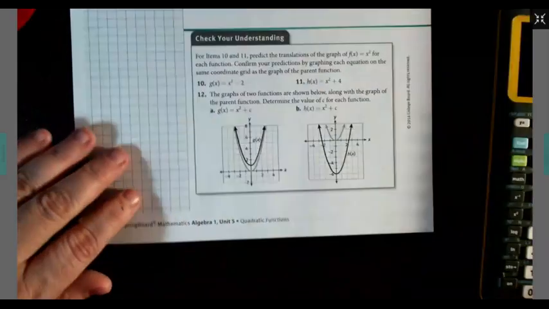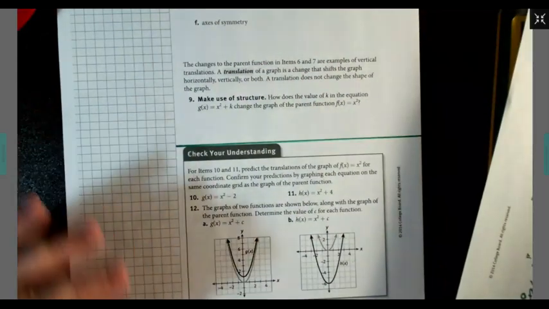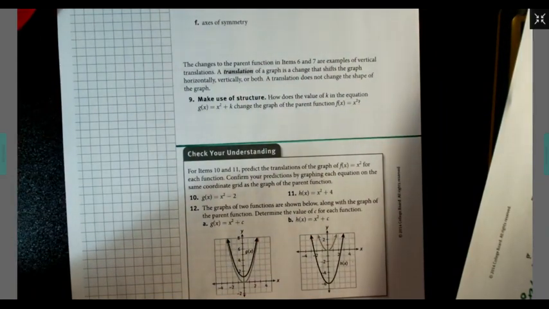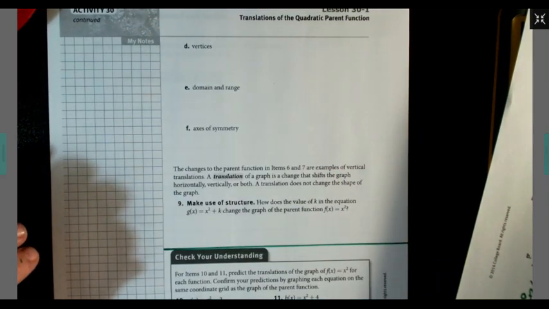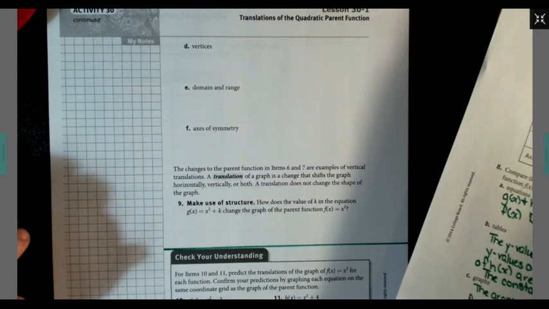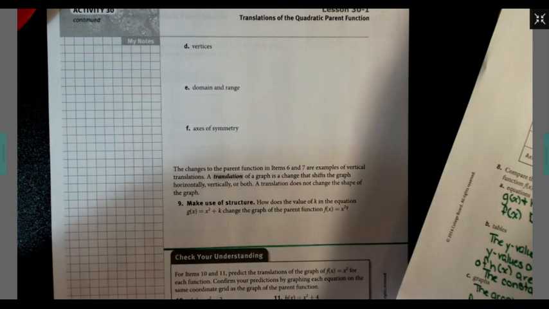All right. Let's go to number 9. Let's talk about those vertices. Okay, my vertices went from 0, 0 to 0, 3. And it went from 0, 0 to 0, negative 4.